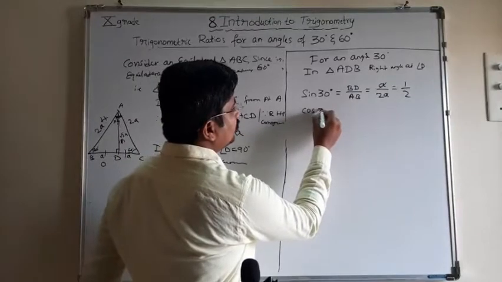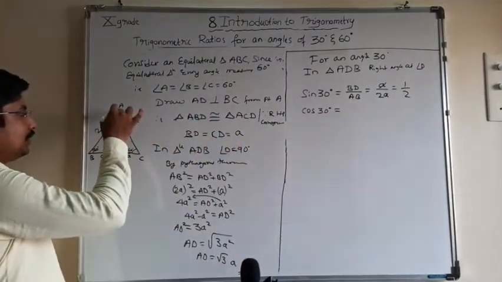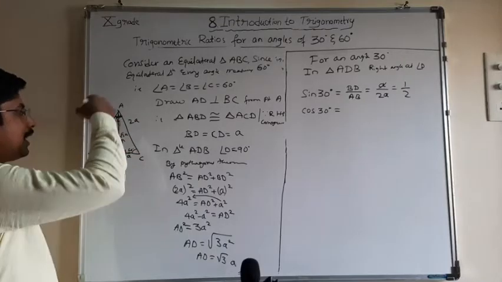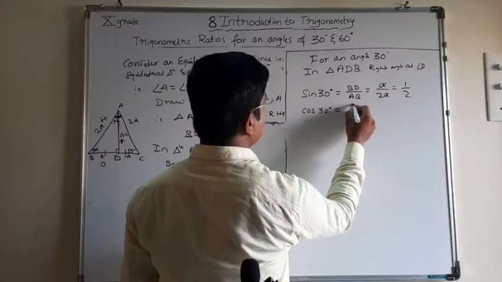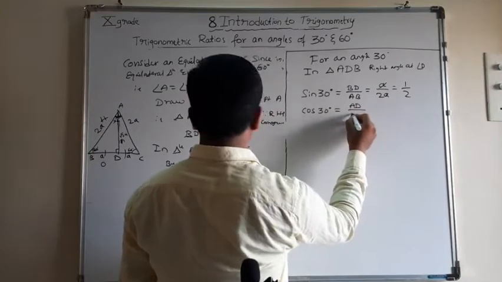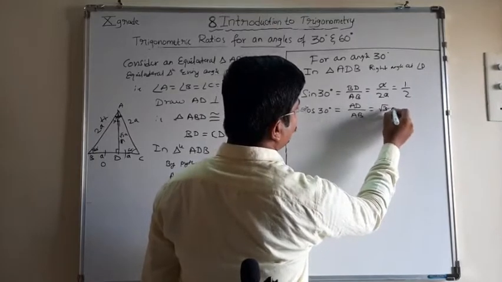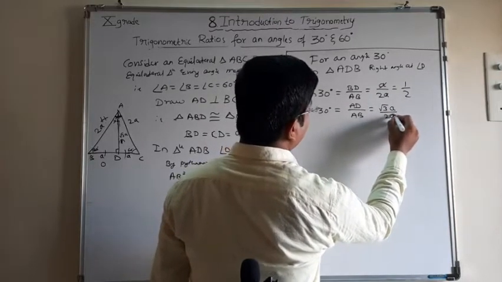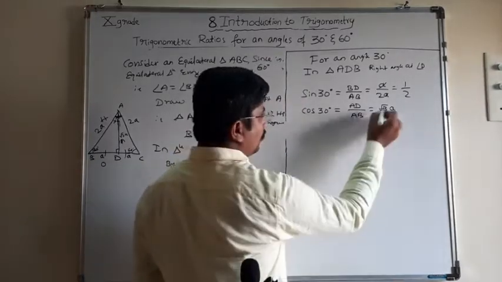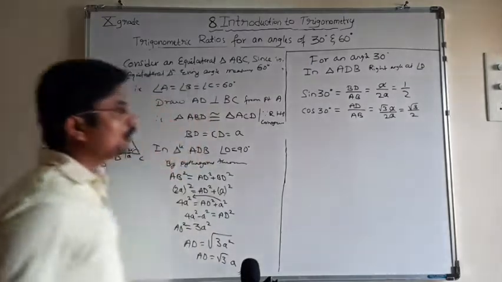Next, cos 30 degree is adjacent side divided by hypotenuse. Adjacent side AD is root 3 a, divided by hypotenuse 2a. The a will get cancelled, we are left with root 3 by 2.